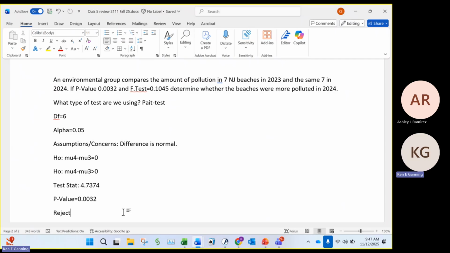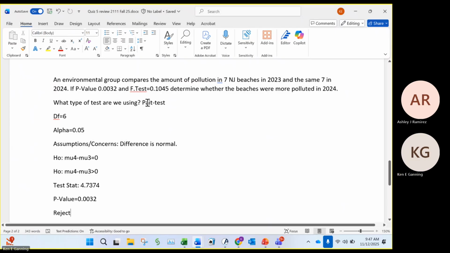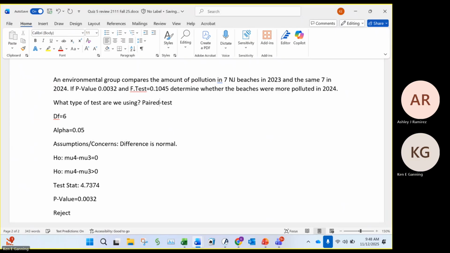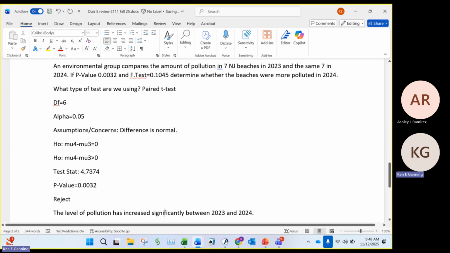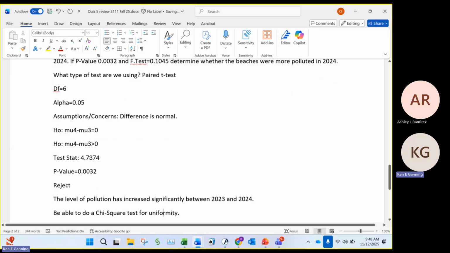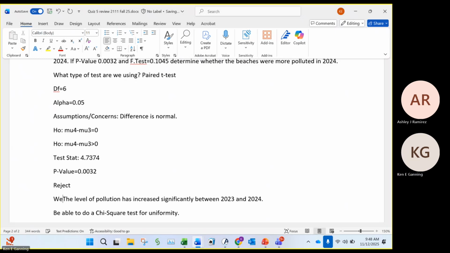Test. Second one. Where are we? Oh, yeah, paired test. Paired t-test. Well, I'm sure there is a paired z-test, we just don't use it. Reassert.